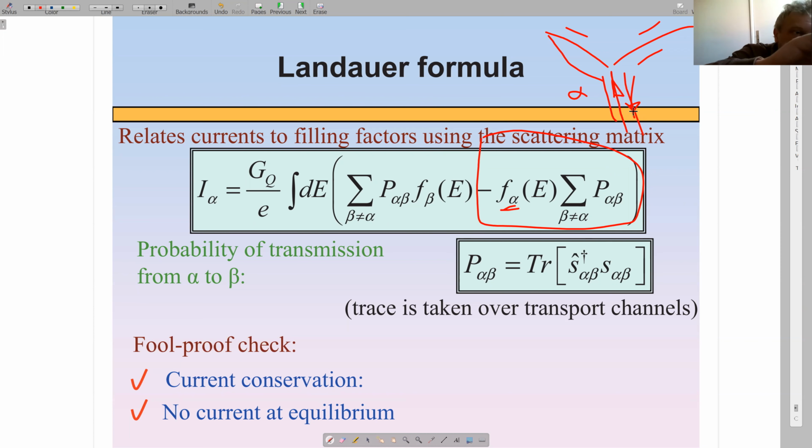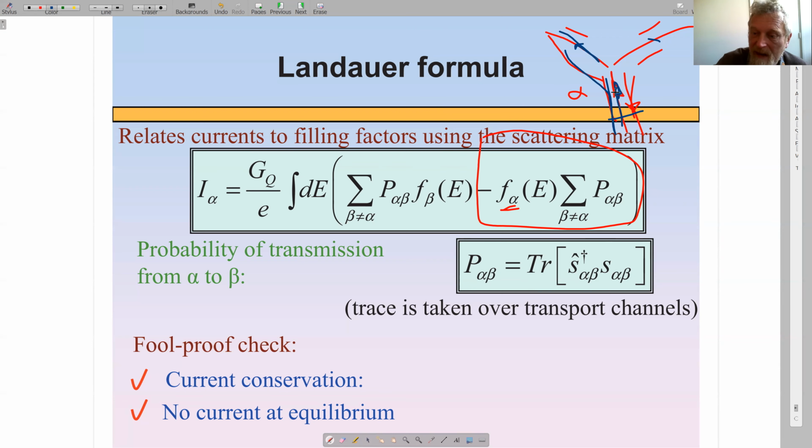And the balance gives me the current in terminal alpha. So what is this? It is, in fact, the sum of all transmissions to all terminals by probability conservation. All logical. So this picture explains this.